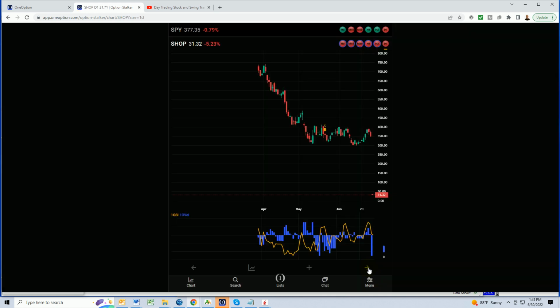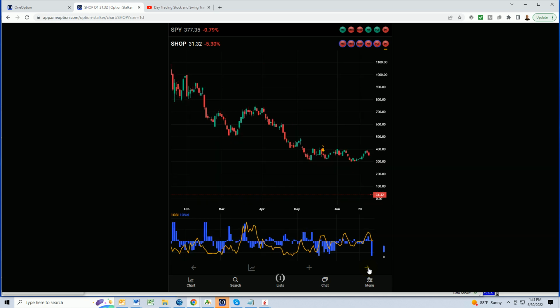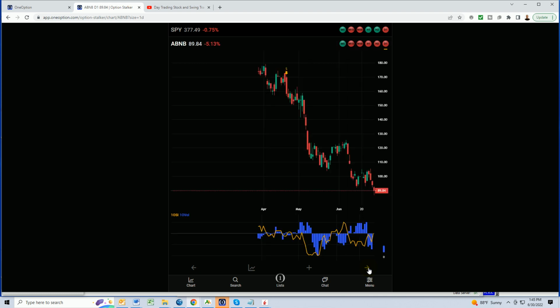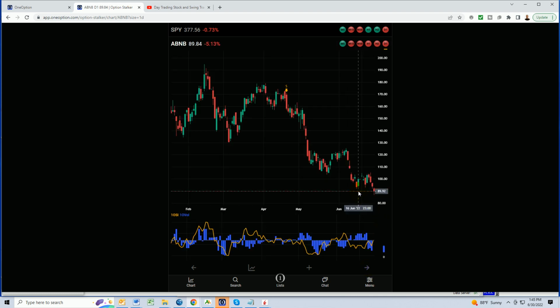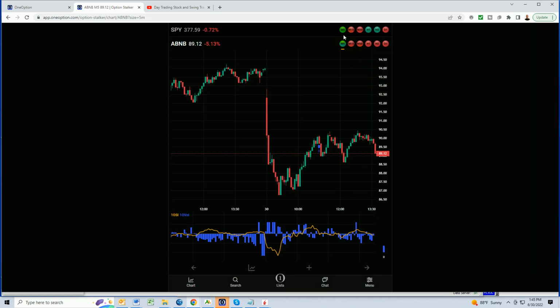Coin, that looked pretty good. It's breaking horizontal support. Shop, continue to look. Didn't see anything I really like there. Airbnb, this looks pretty good. Horizontal support, breach to the downside, weak relative to the S&P 500 on a daily basis. Let's go into the 5-minute chart. You can see on a 5-minute basis, the stock actually was on a temporary buy signal. Resistance, not able to get through the high.